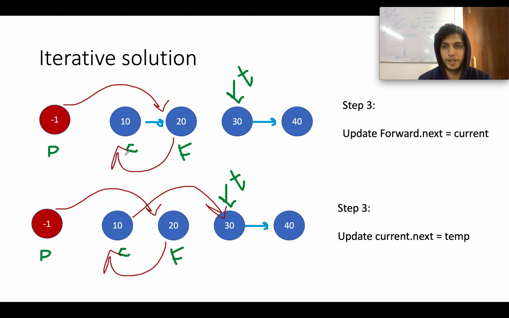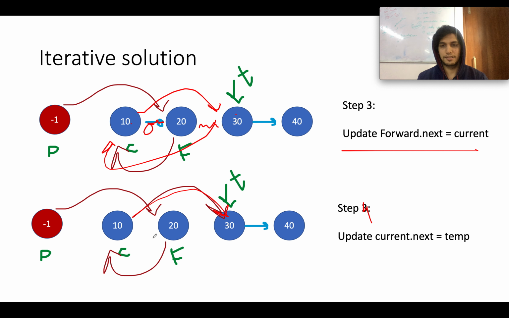Forward.next points to the current node. So we have deleted this link, and this now points to the current node as step 3. Step 4 would be to update this link. So step 4 is something like this: 10.next points to 30. So we have updated this link here and deleted this one as shown by this arrow, and the linked list now looks like this. So current.next equals temp.